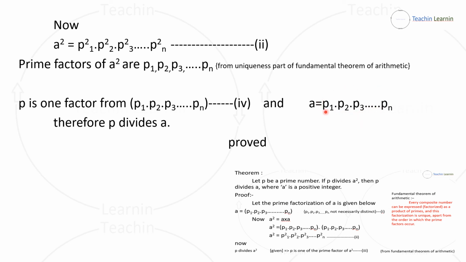That means P is a factor of A. And if P is a factor of A, we can easily say P divides A. In this way, we have proved the theorem. So it is now proved. And what was the statement? The statement was, let P be a prime number. If P divides A square, then P divides A. And we have proved the theorem in this way.